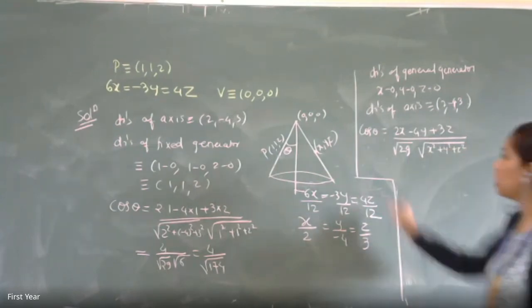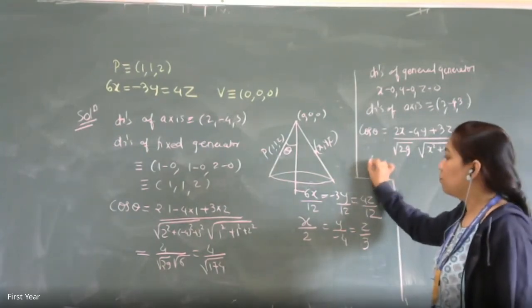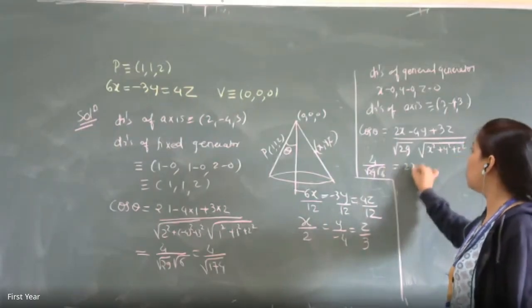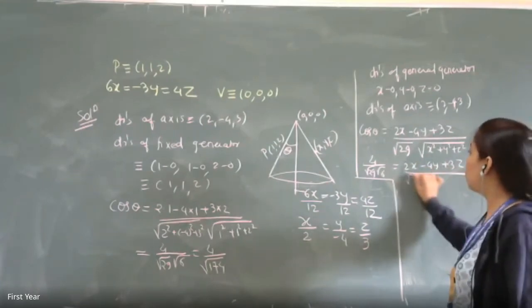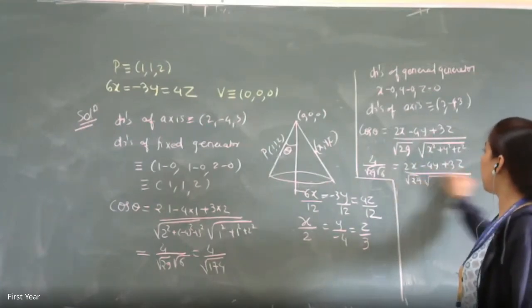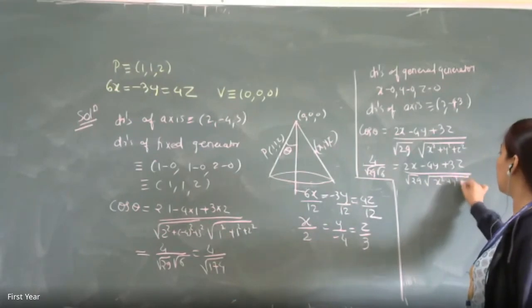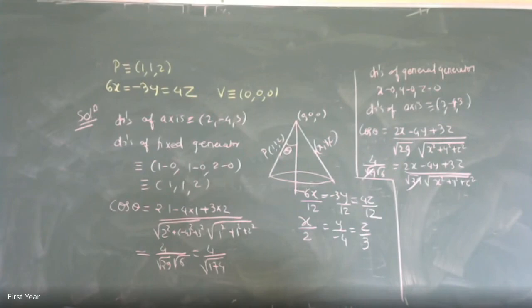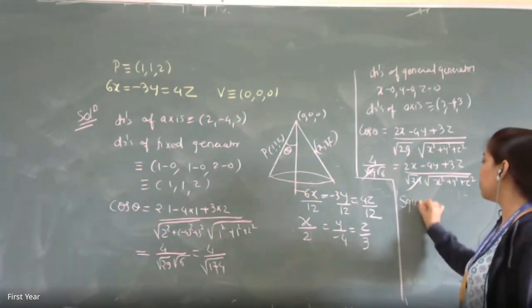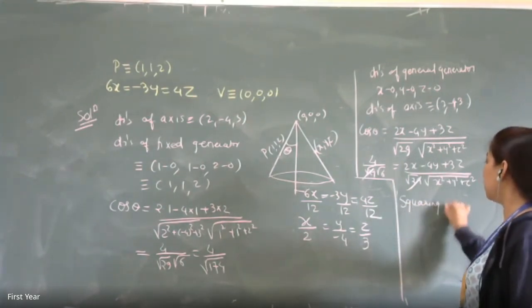And what is cos theta? Cos theta is 4 upon root 29 into root 6, equal to 2x minus 4y plus 3z divided by root 29 into root of x square plus y square plus z square. So root 29 will get cancelled. Squaring it and simplifying it to get the answer.